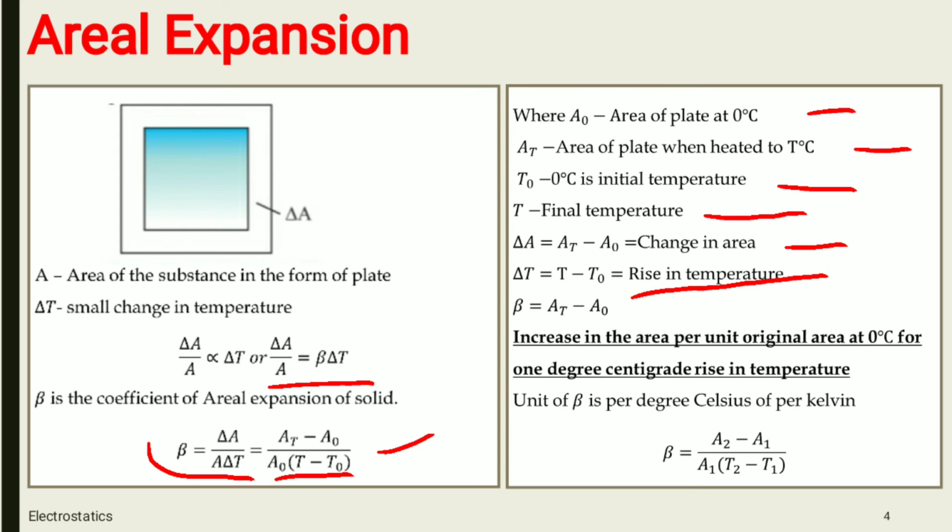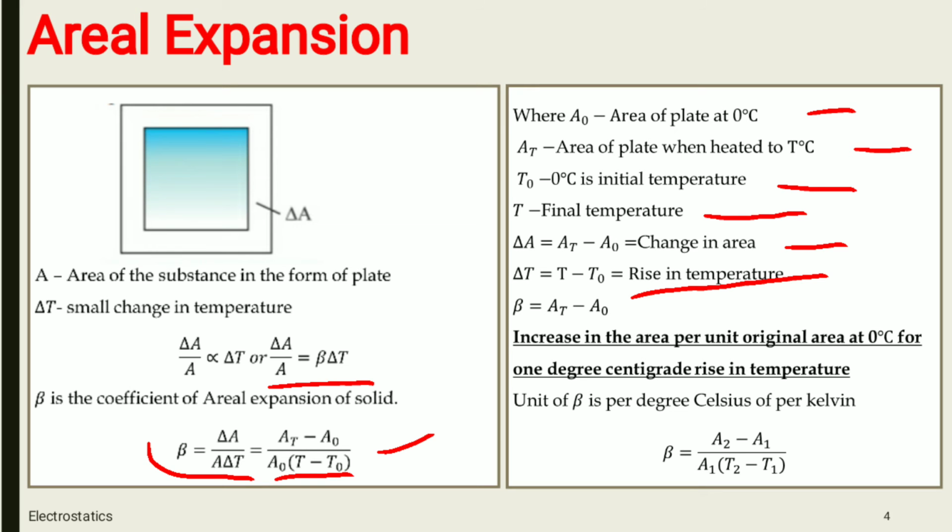So now we can define the coefficient of areal expansion as the increase in area per unit original area at 0 degrees Celsius for 1 degree rise in temperature.